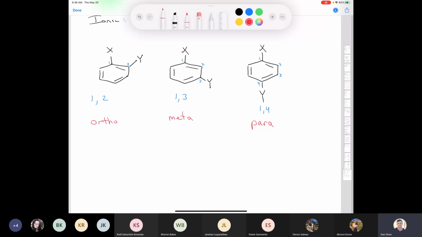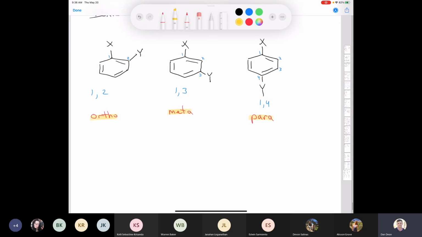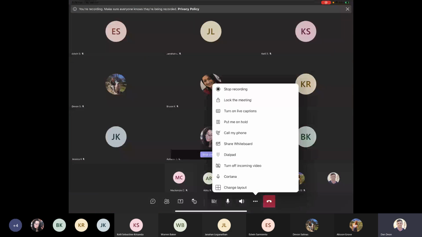However, you see so many di-substituted aromatic compounds in organic chemistry 1 that I always go over it quickly with my students. Some of them have even learned it in general chemistry too. When you do a little chapter on organic chemistry, some of my students already know that coming into organic chemistry 1. So something kind of interesting there.